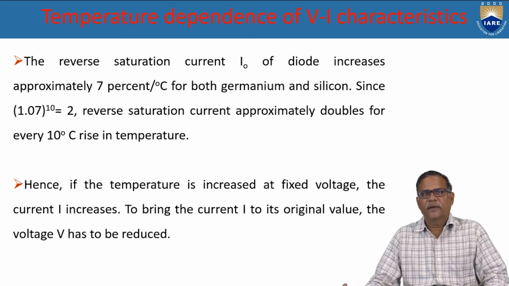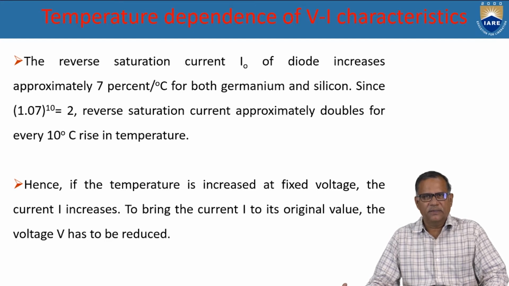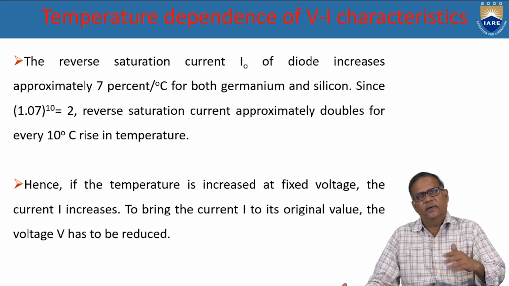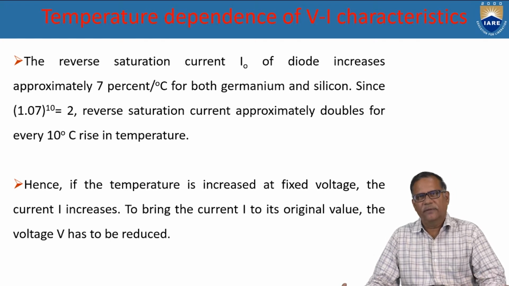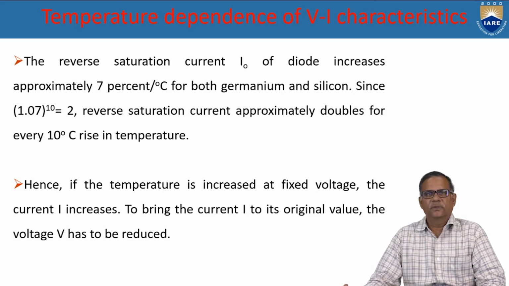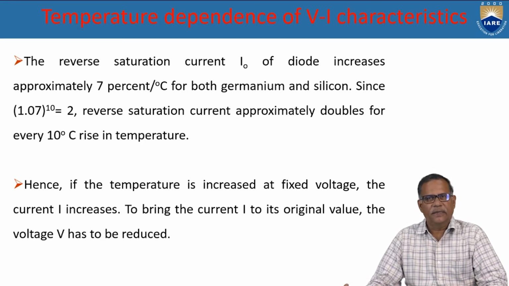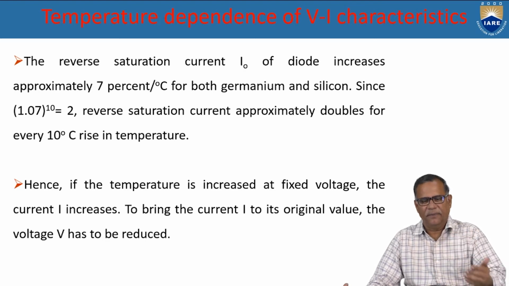For example, if at 30 degrees centigrade the reverse saturation current is 30 nanoamperes, then if we increase the temperature by 10 degrees, the current doubles to 60 nanoamperes. So the reverse saturation current approximately doubles for every 10 degrees rise in temperature.